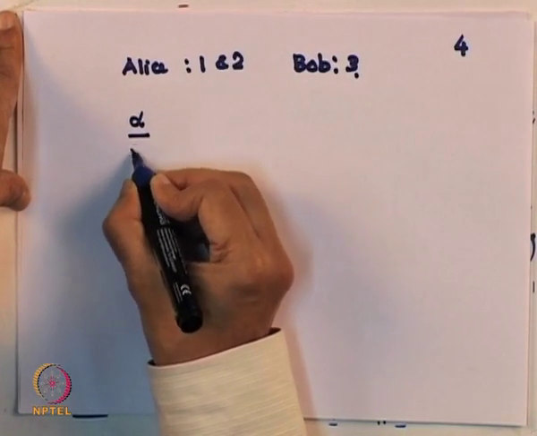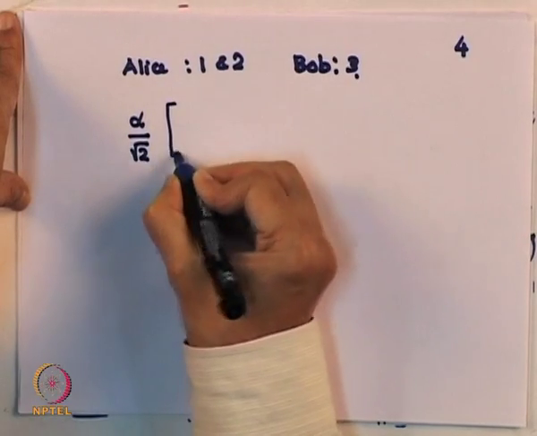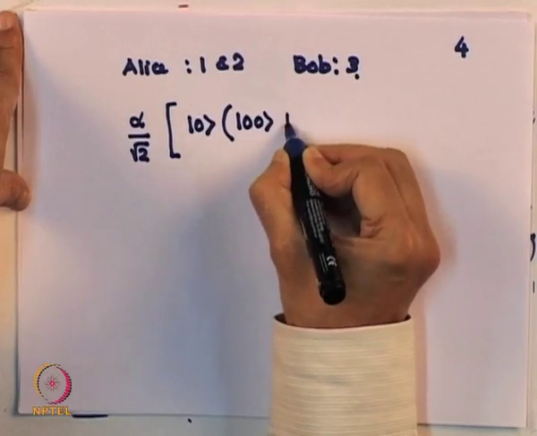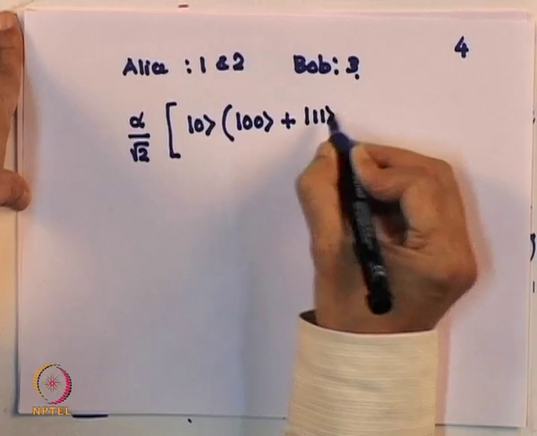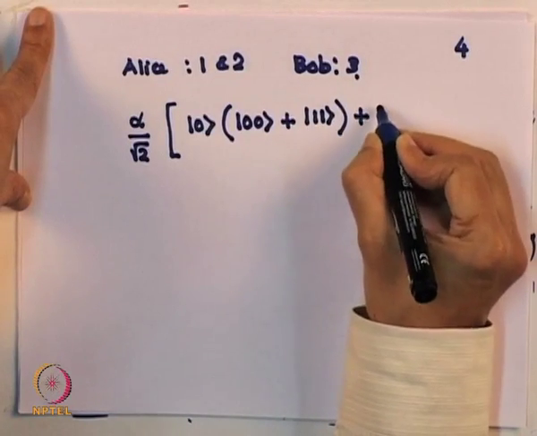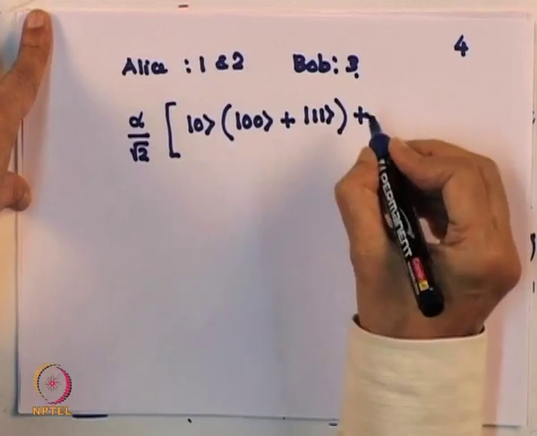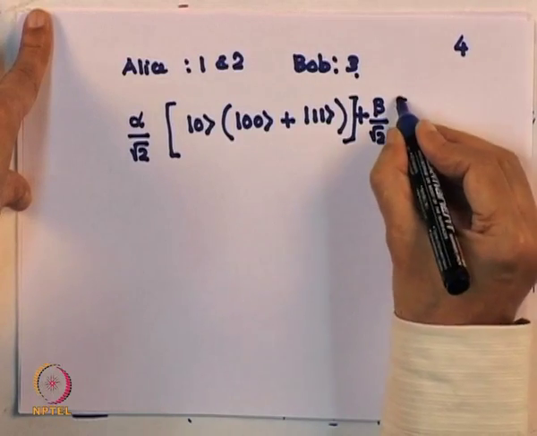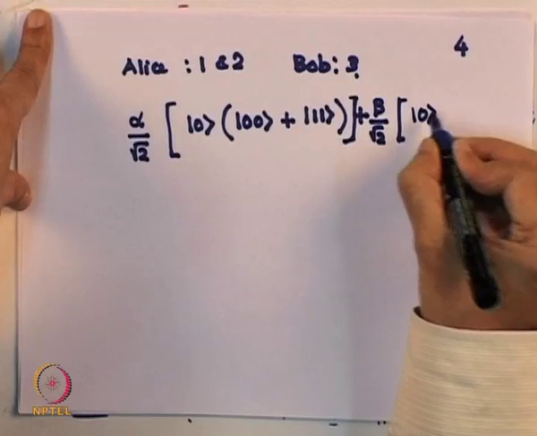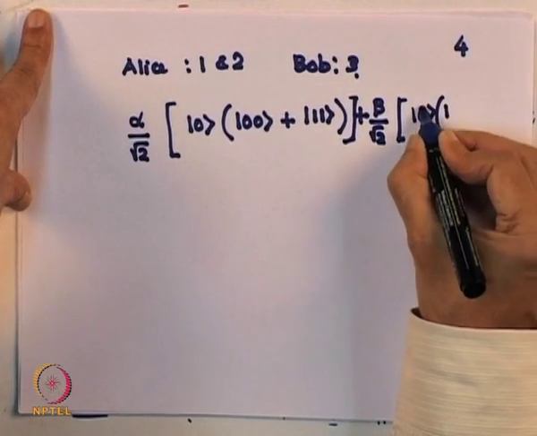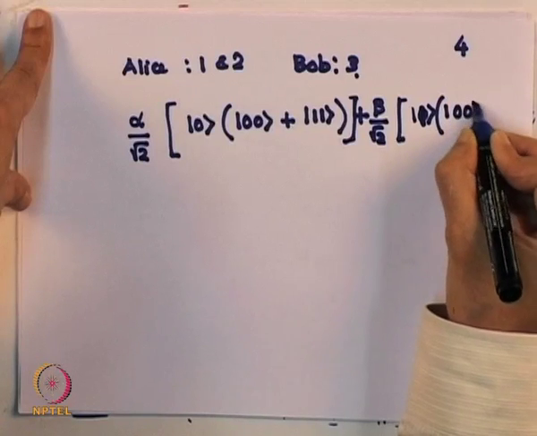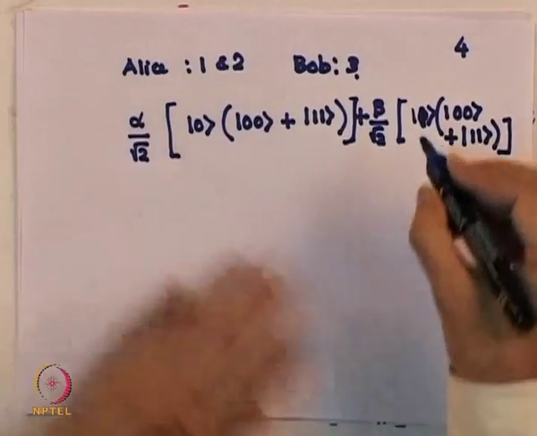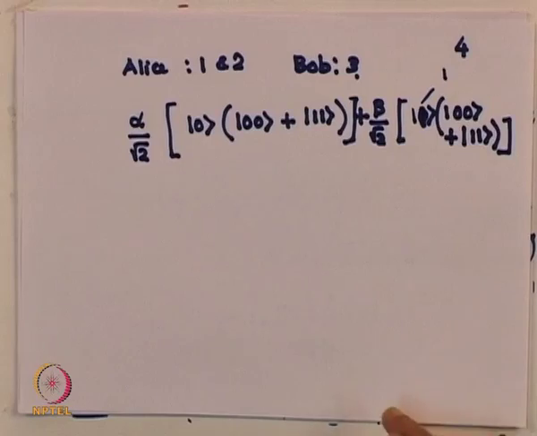We have alpha by root 2, I am rewriting this, 0, let me write it down and then we will see how this has been written. This is a 1, wrongly written there.